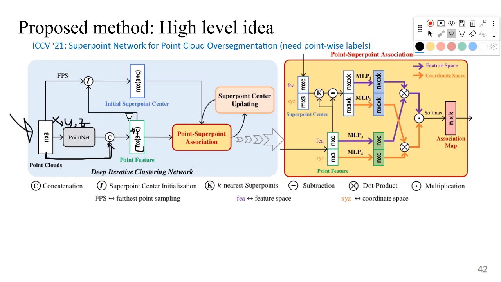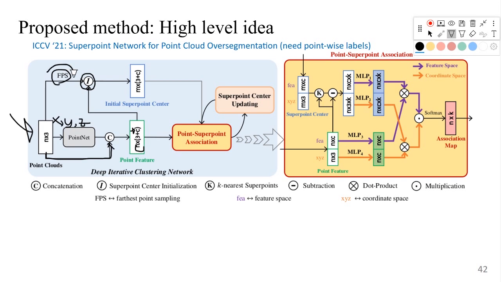From here, we can compute the initial superpoint center using FPS, farthest point sampling. We also already discussed this in the PointNet++ video sections; if you are not familiar with FPS, you can refer to that video.